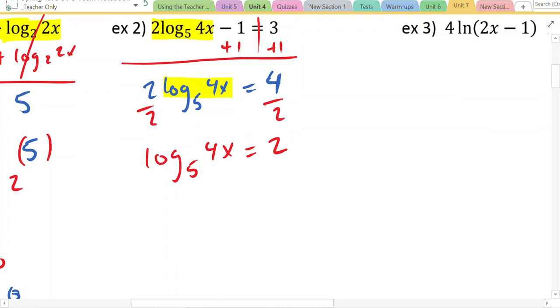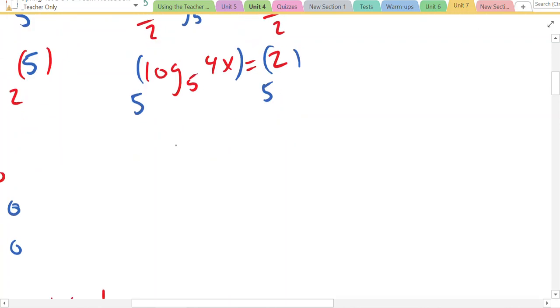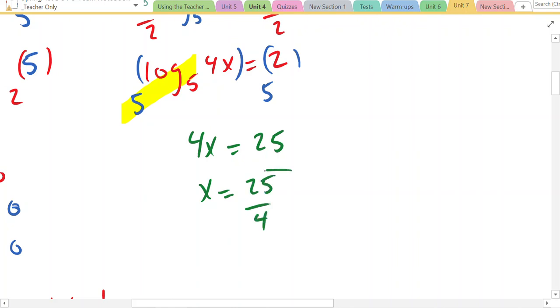The way we undo it, we find the inverse, which is base 5. And what we do to one side of the equation, we do to the other. Then we undo this. Remember, these are inverses and they undo each other. I'm left with 4x equals 25. And then x equals 25 divided by 4.